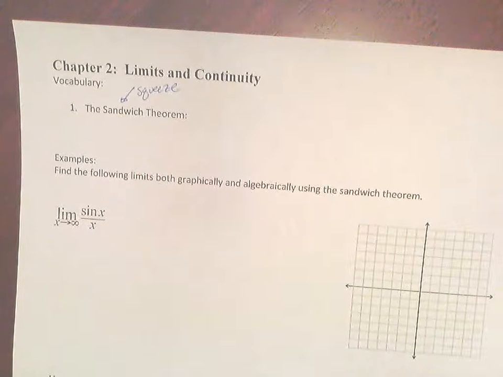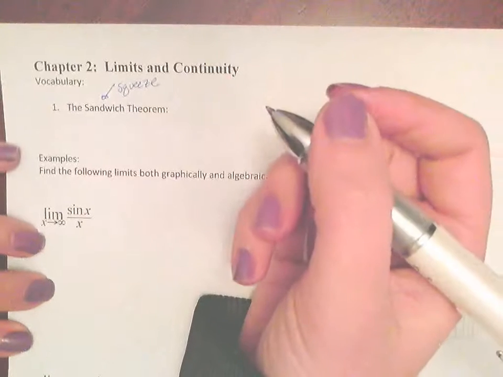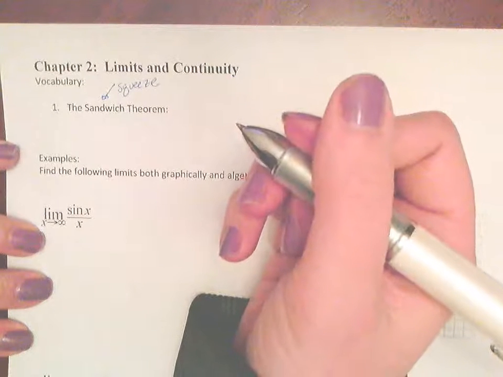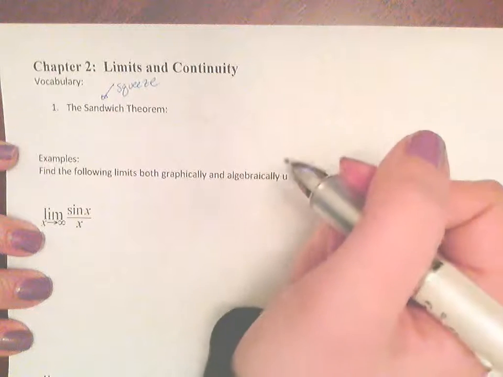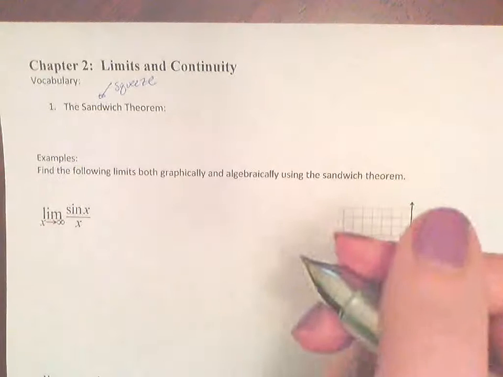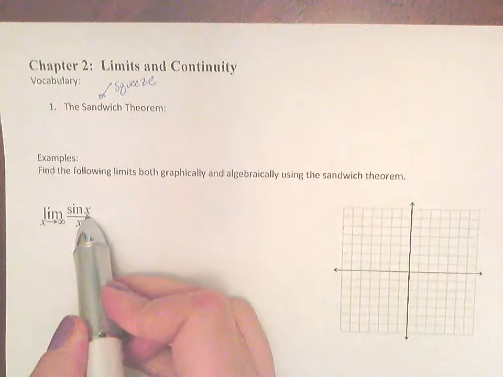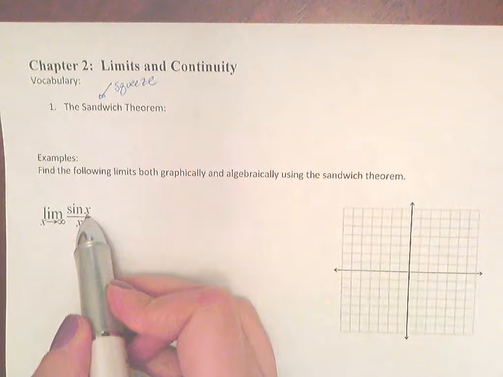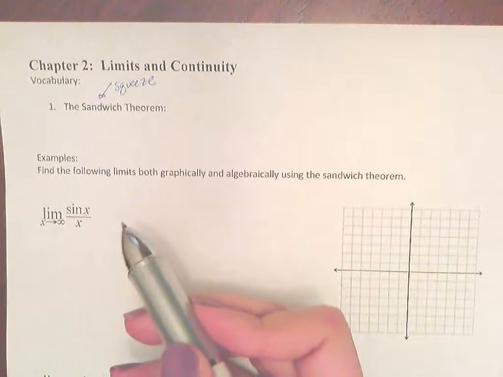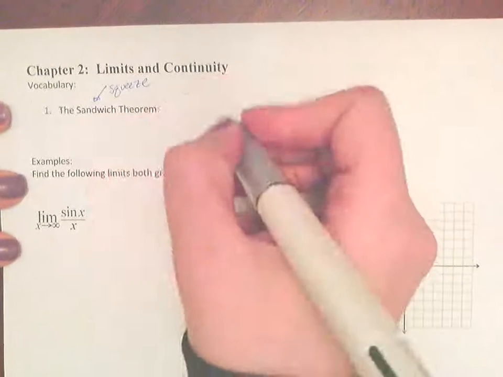So the squeeze theorem says if you know that a function has a set range, has a set y, like for example sine of x, we know that sine of x, its set range is from -1 to 1. We can use the sandwich theorem to solve this. So the definition looks a little funky, so I'm going to write this down.